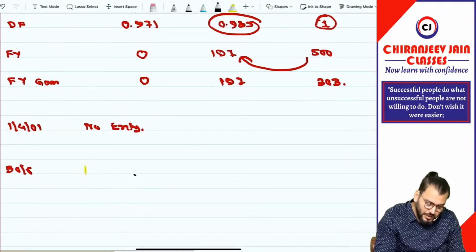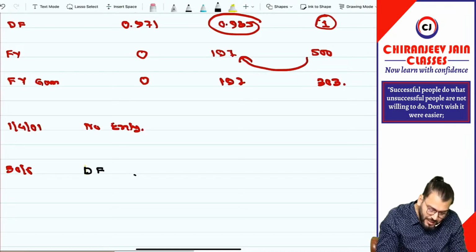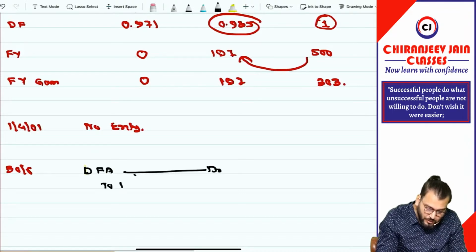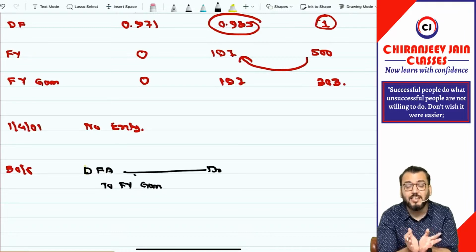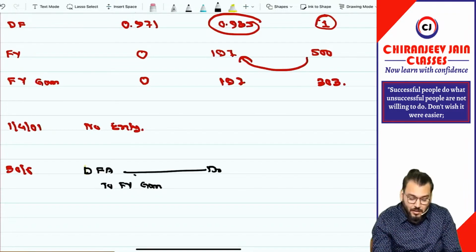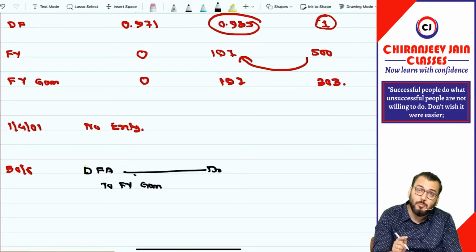So derivative financial asset account debit to fair value gain, and this fair value gain will now be transferred to OCI and accumulated in the cash flow hedge reserve. It will not be transferred to P&L, it will be transferred to OCI.